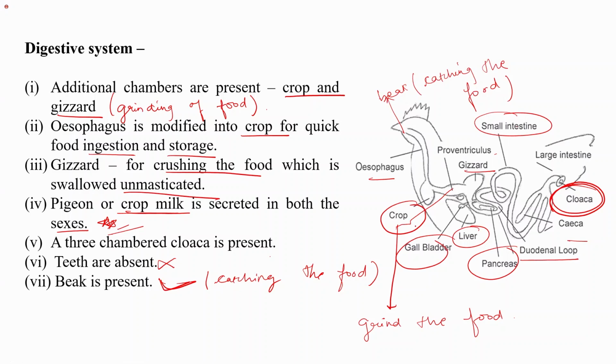The function of the crop is to store the food. Right? So this is the digestive system. It is a complete digestive system. Additional chambers like crop and gizzard are present. Teeth are absent and a 3-chambered cloaca is present. So you need to remember that the cloaca is the opening, a 3-chambered cloaca, which is the opening outside the body.